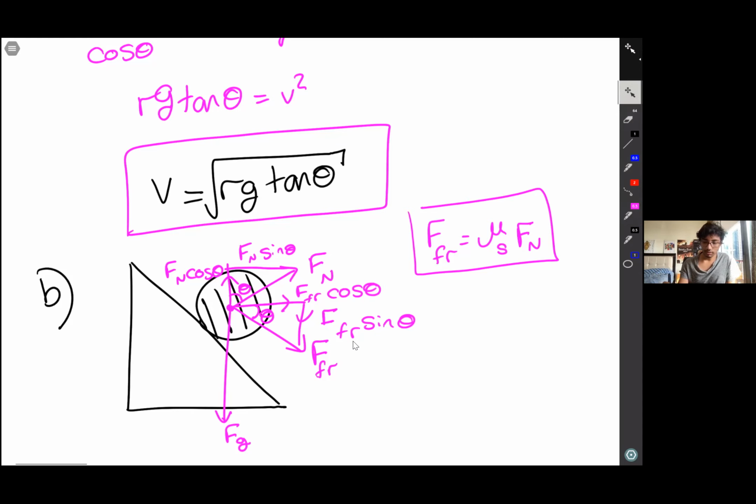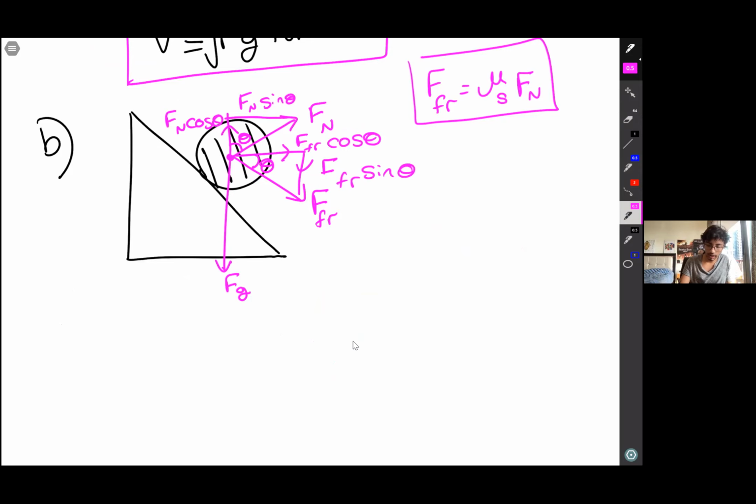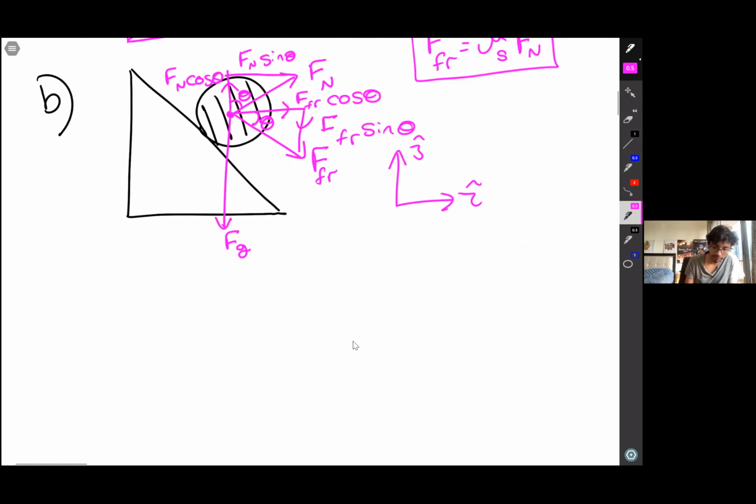Let's look first at our horizontal components. Horizontally we have Fn sine theta in the direction of the unit vector i hat. We also have FFR cos theta also in the direction of i hat, and that is equal to mv squared over r, just like last time.